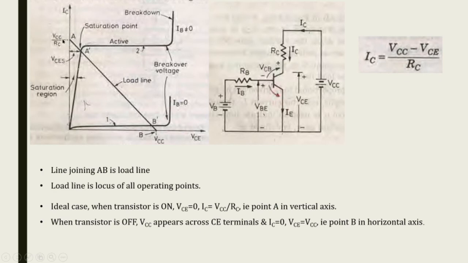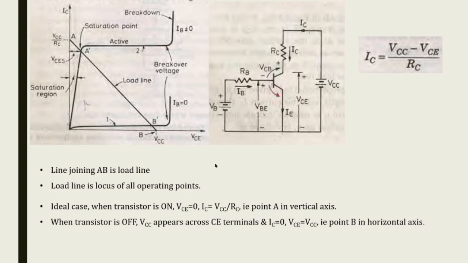That is the point A in this load line, VCC divided by RC, on the vertical axis. So in the ideal case, when the transistor is on, VCE will be 0 and IC equals VCC by RC. So at this point A, IC equals VCC by RC.